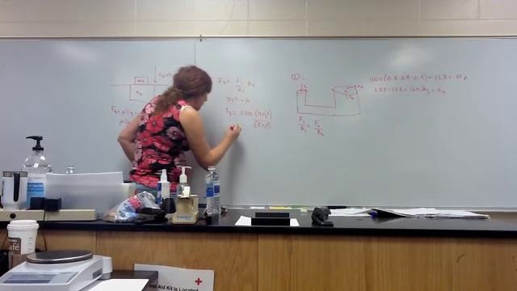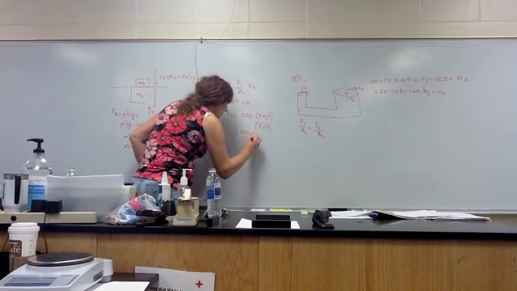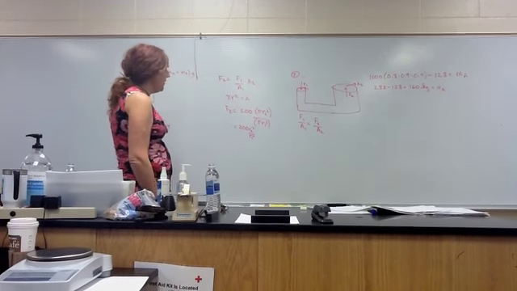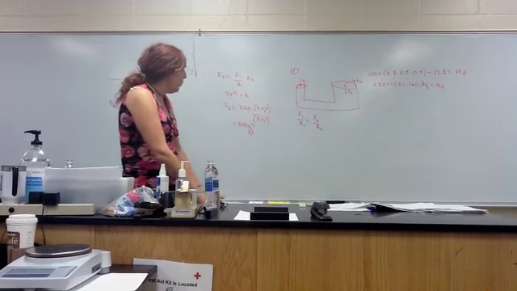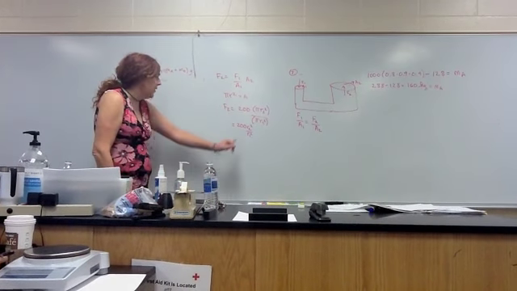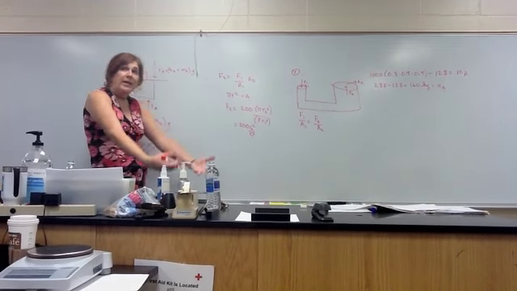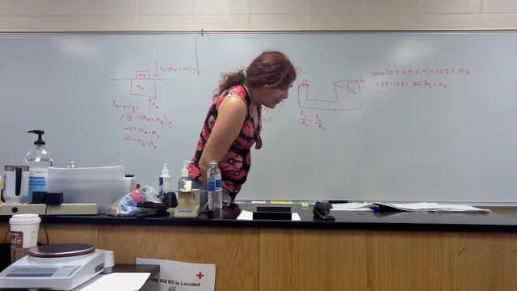The pi's cancel, and we end up with 200 times the ratio of the squared radiuses. I've given the radiuses in centimeters, and we want the force in newtons, but what's nice is that we have centimeters squared at top and centimeters squared down below, so we don't have to make any conversions. Any conversions would just cancel out.